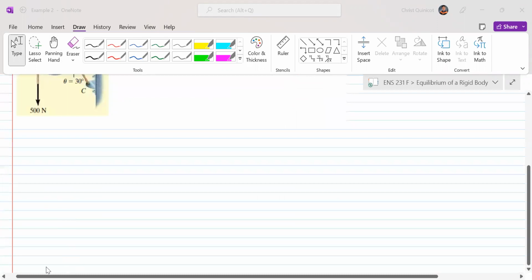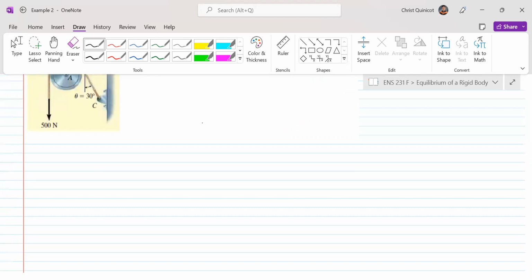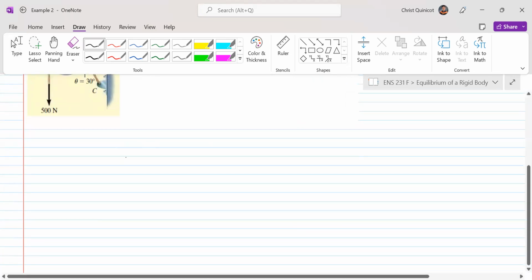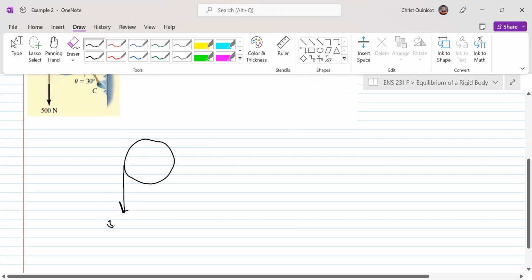So let me zoom in. It is very helpful whenever we do equilibrium problems to draw our free body diagram. So if we have our circle here, we have 500 Newton going down. That is 500 Newton going down.